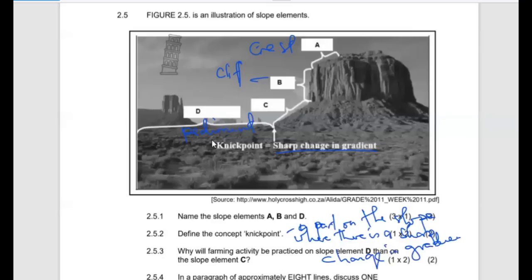On a nick point, gradient just changes sharply. We are having a slope like this, then all of a sudden, this is a nick point. There's a sudden change in gradient on the slope. Where there's a sudden change and a sharp change in gradient is what we regard as a nick point. Like what is indicated there, as we are coming from this part going down there, there's a steep change in gradient. That is basically what we regard as a nick point as a part of the slope.